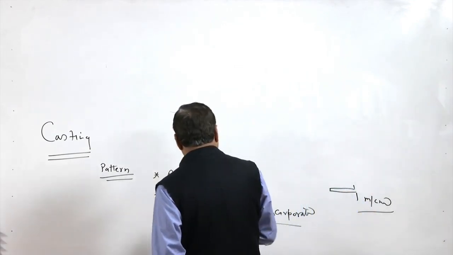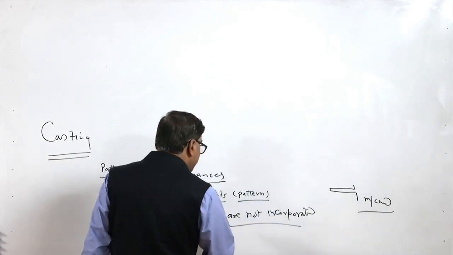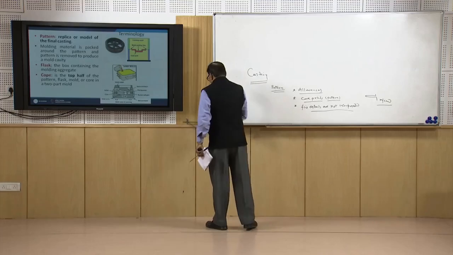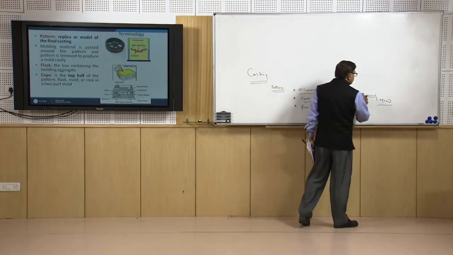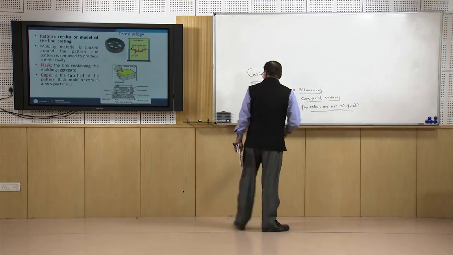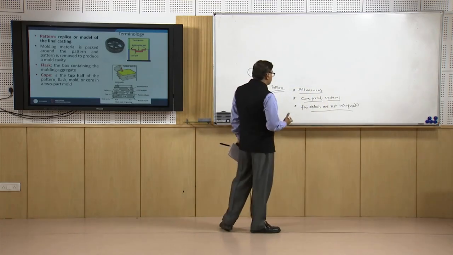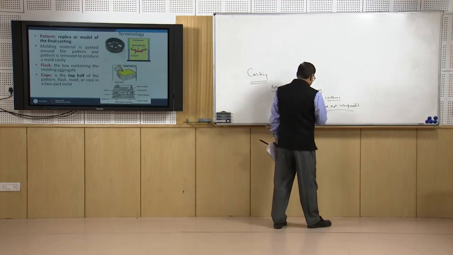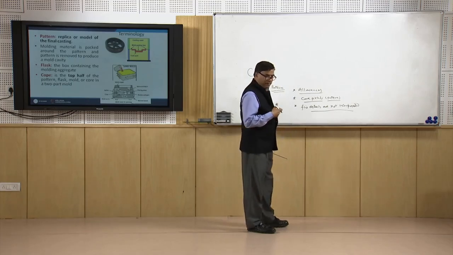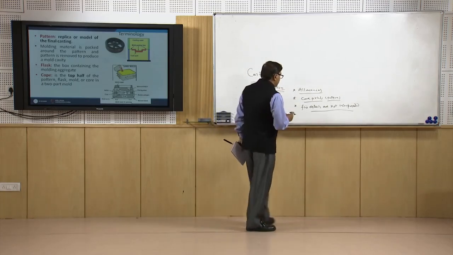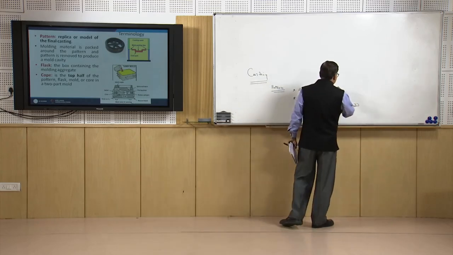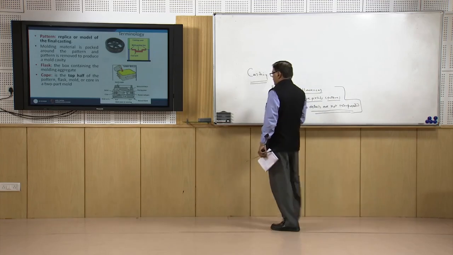So, after the casting it will be machined out. Fine details are not incorporated because these would otherwise lead to lack of filling or a defective casting. Something which cannot be produced efficiently using the casting route, means some of the geometrical features, if they cannot be made using the casting route, then they will be produced by machining. So, these details are omitted and not incorporated in the pattern.